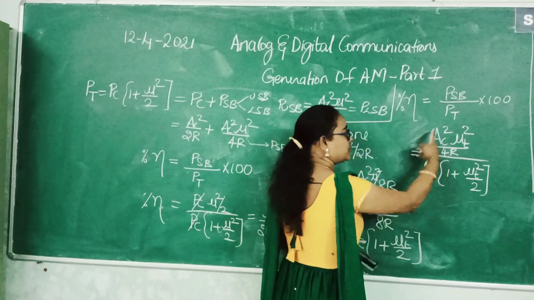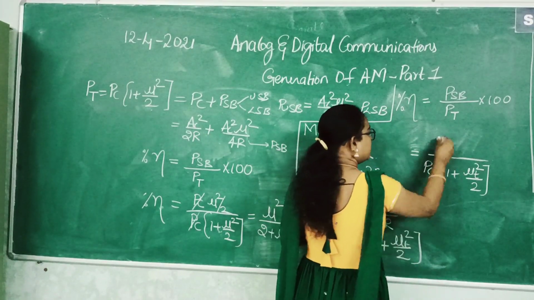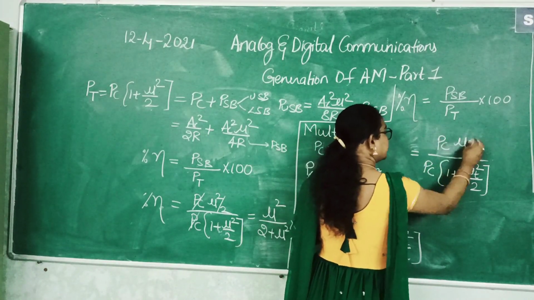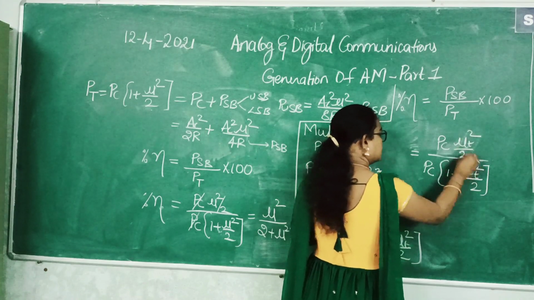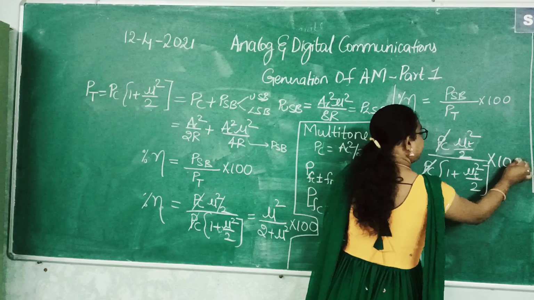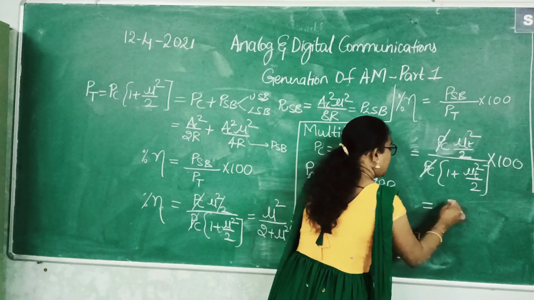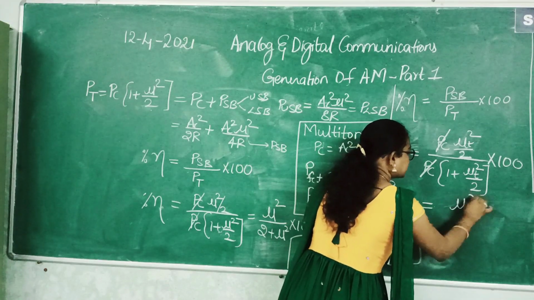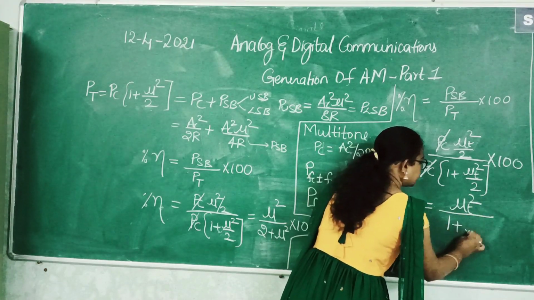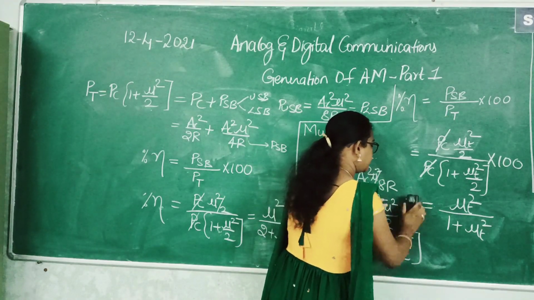Here, the numerator I can also write as Pc into mu t square by 2. The carrier power cancels with each other. If we want the percentage, we multiply with 100. Then we have mu t square by 1 plus mu t square as the percentage efficiency calculation.